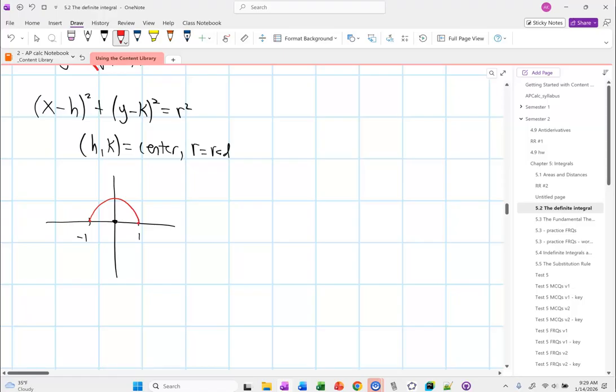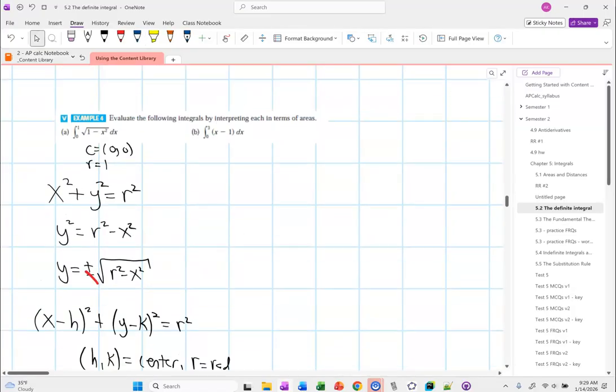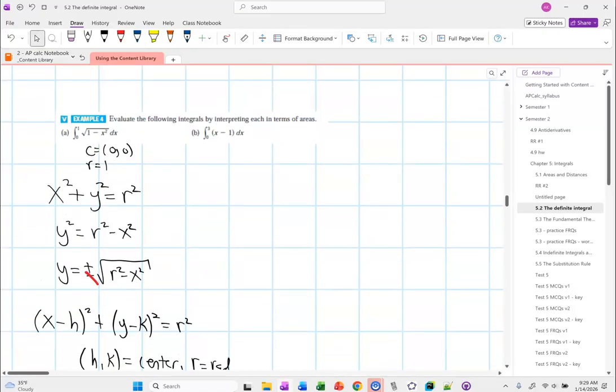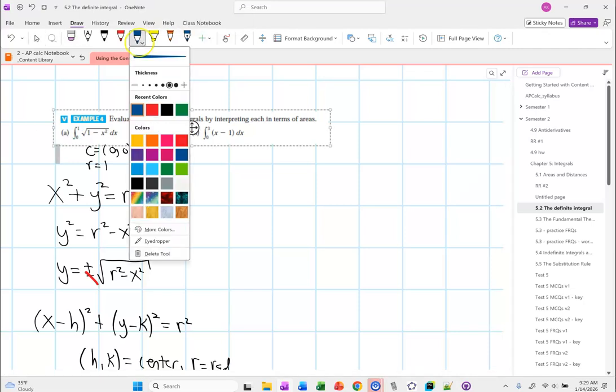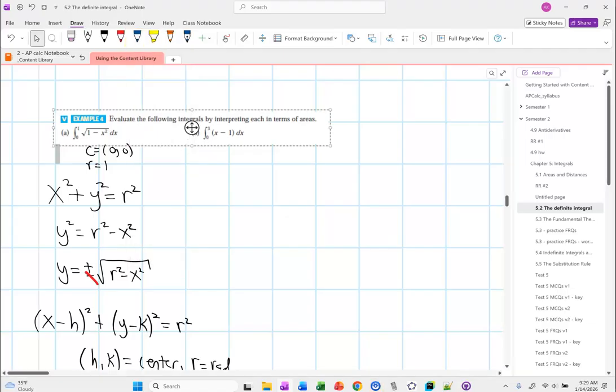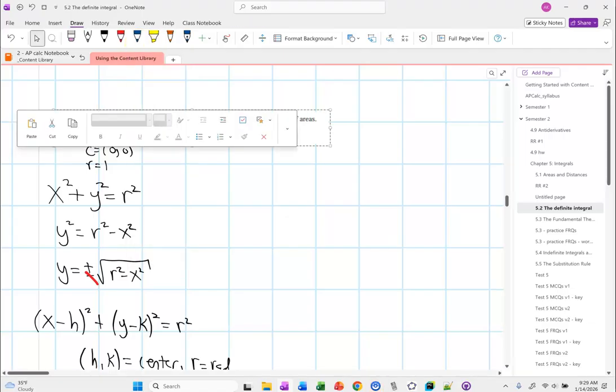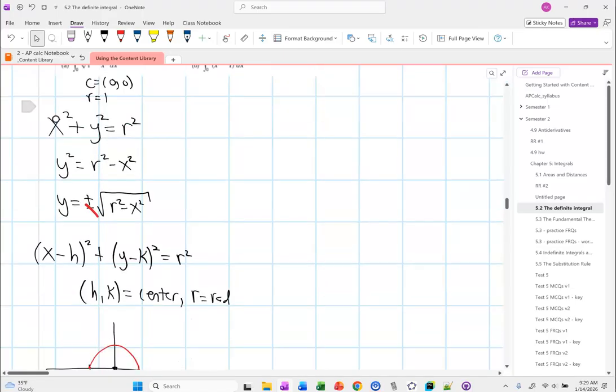So we're looking at this, right? That's essentially our graph. And what part of the area are we looking for? 0 to 1.